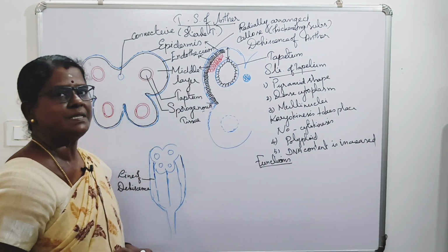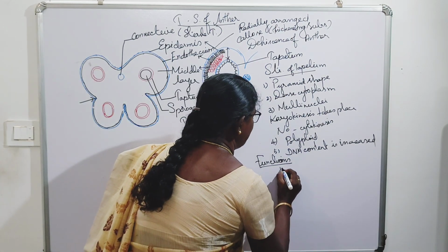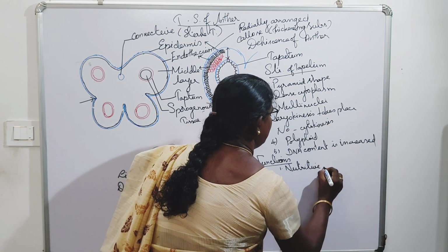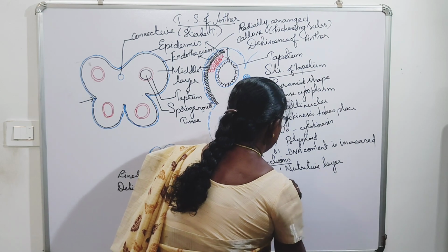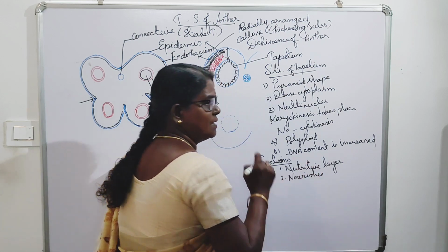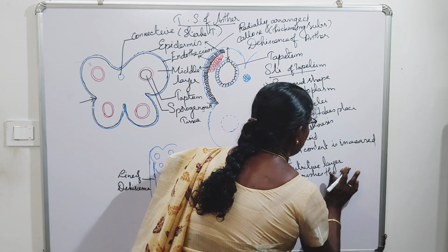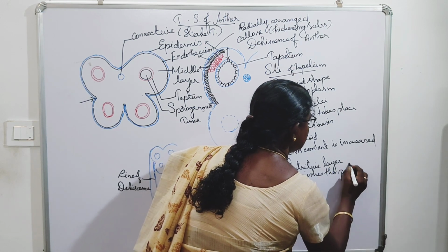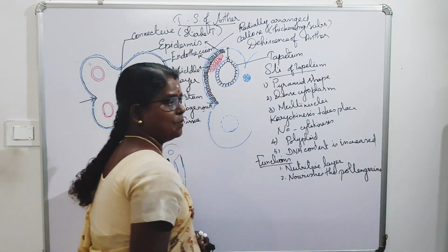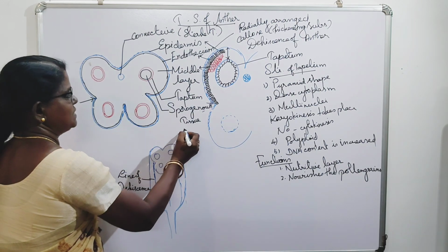Then functions of tapetum. This layer is a very important layer because it is the nutritive layer. This layer nourishes the pollen grains. Now you see here, this is sporogenous tissue.